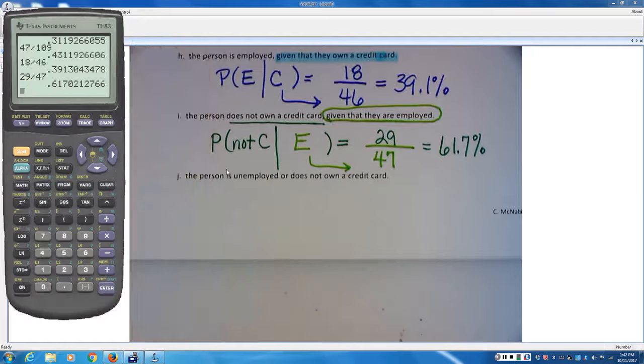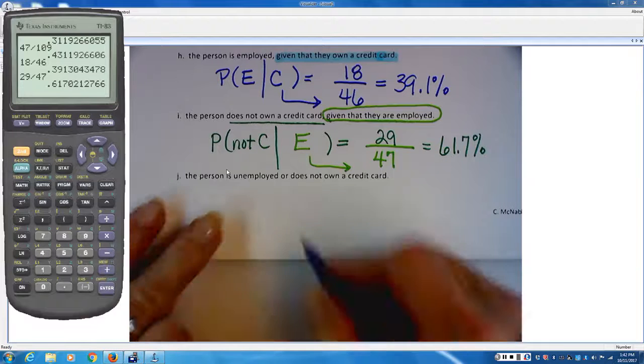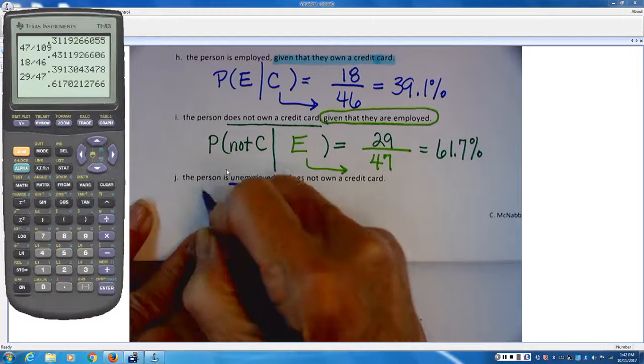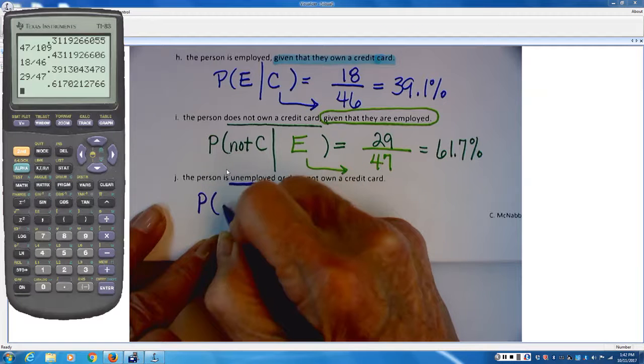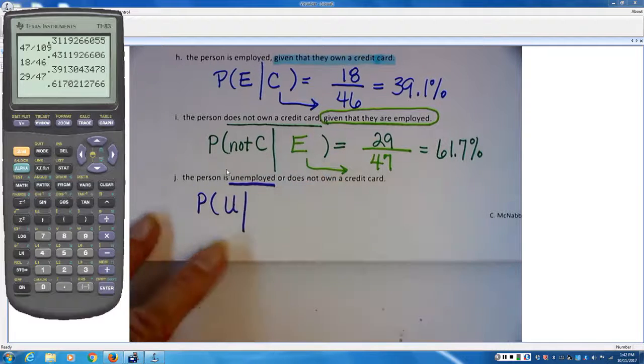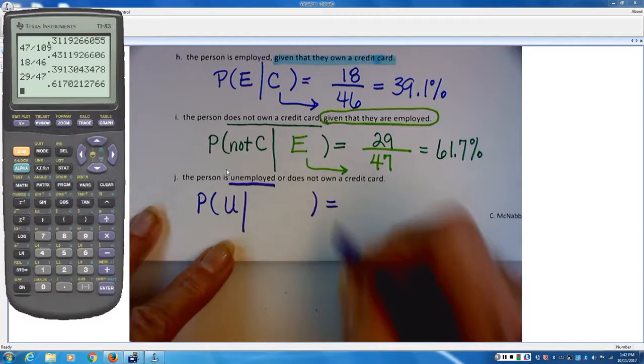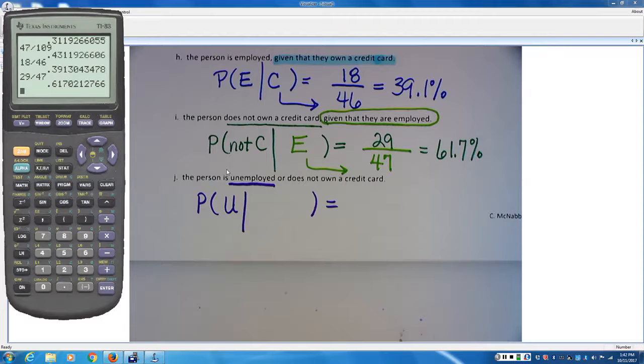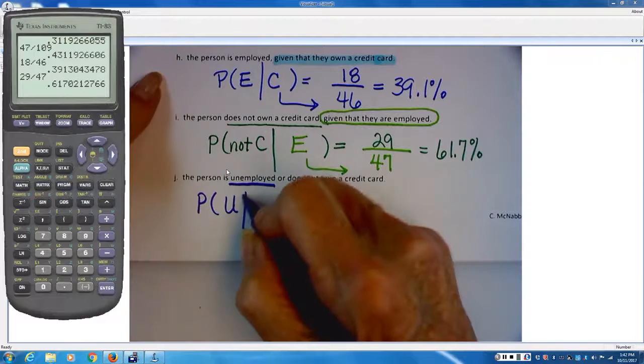We've got our last question before we break and do something else. What's the probability that the person is unemployed given that they, oh wait, no, not given that, so I just about messed up.